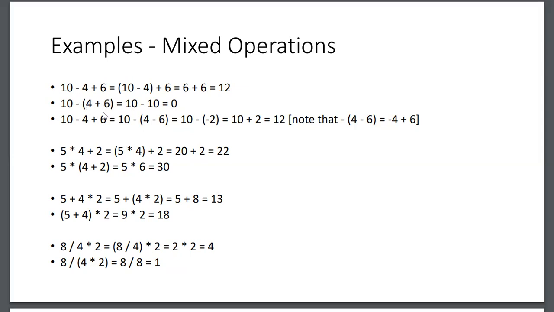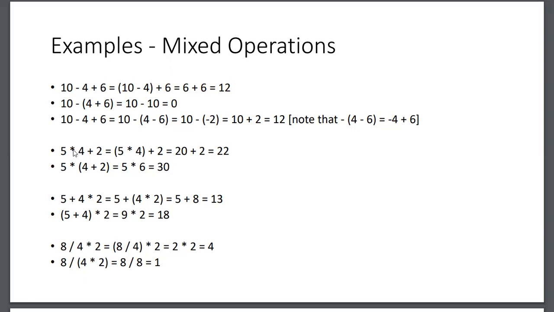So the way the parentheses were introduced here made it a different expression completely than the original one. So if you do it correctly, you have to change the sign here to be a minus to compensate for the parentheses with the subtraction. Then 4 minus 6 is negative 2. 10 minus a minus 2 is 10 plus 2, 12. We would get the same answer doing it that way.